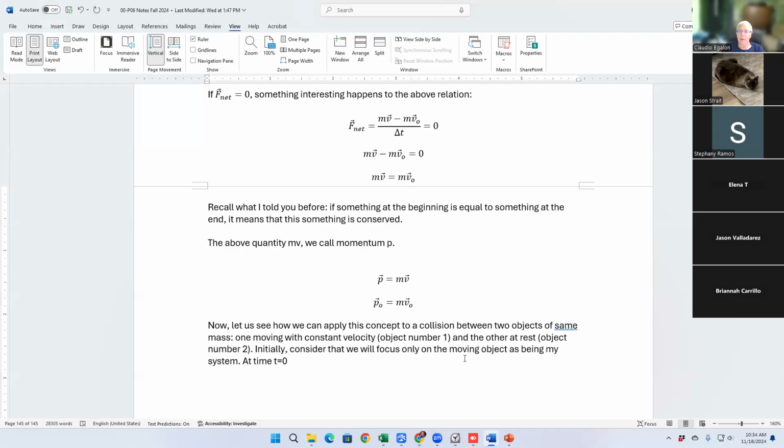Initially, consider that we will focus only on the moving object as being my system. At time t equal to 0, object 1 is moving with an initial velocity V01, like that.